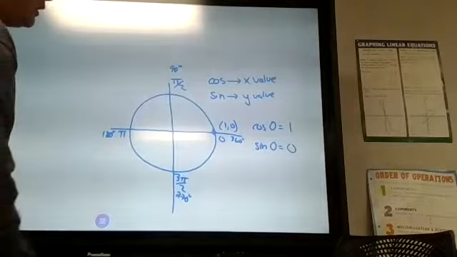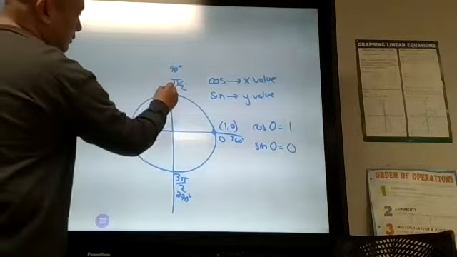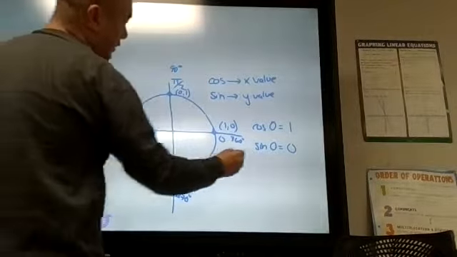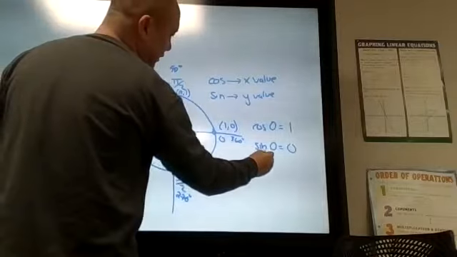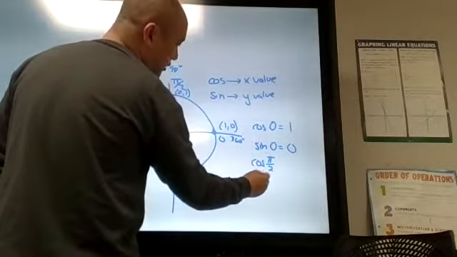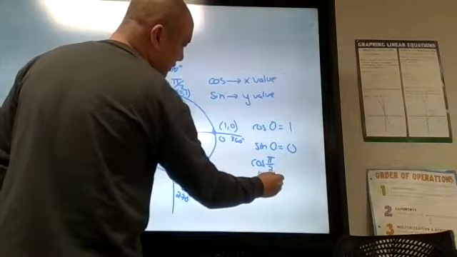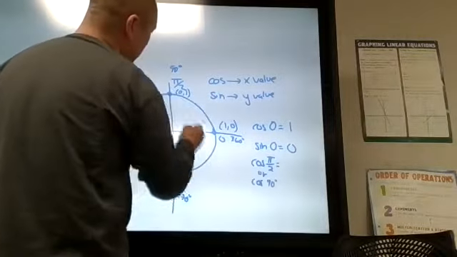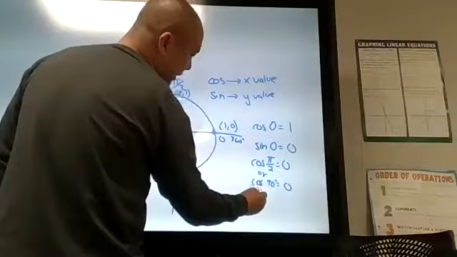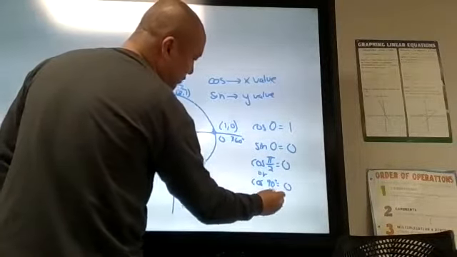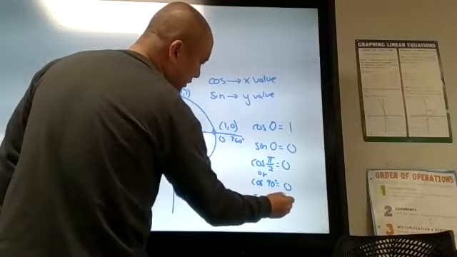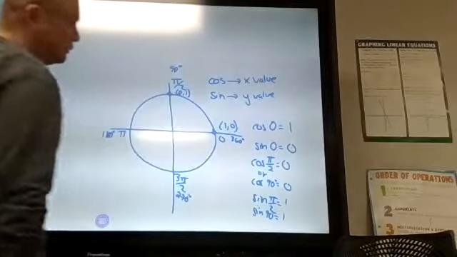Okay? And then you go up here, this is 0, 1. So in this case right here, the cosine of pi over 2 or the cosine of 90 degrees is equal to 0, this is the x value, and the sine of pi over 2 or the sine of 90 degrees is equal to 1.